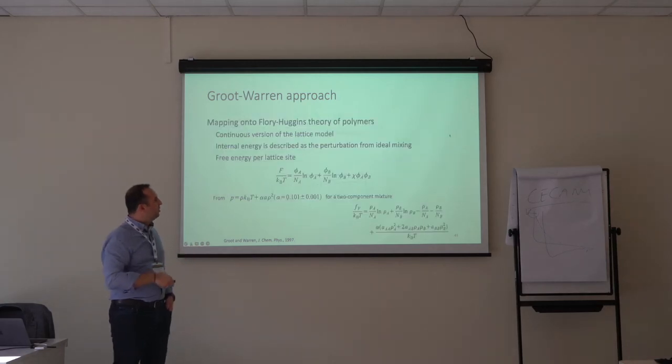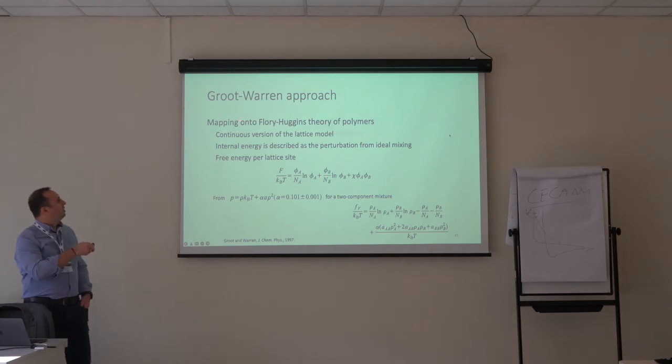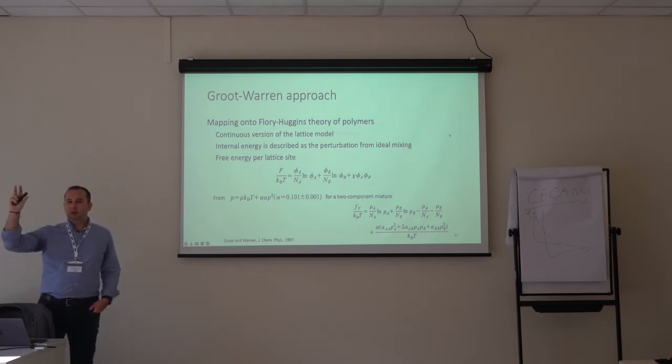This is the maximum repulsion strength. What they did, which was really nice, was to map onto the Flory-Huggins theory of polymers. Because from Flory-Huggins theory, you know that the system is represented by beads or lattice points, or the polymer is represented by equal-sized monomers.